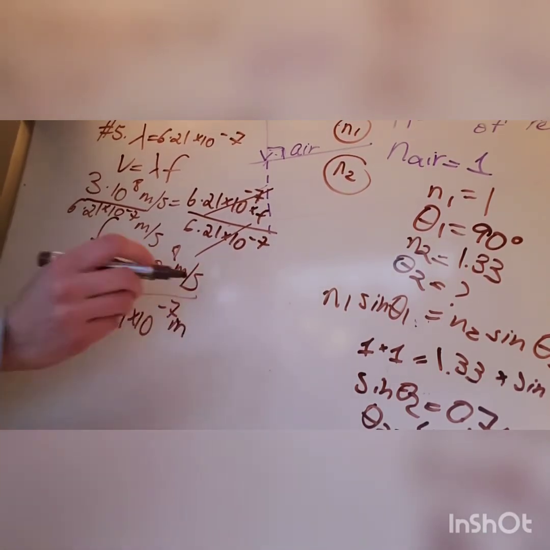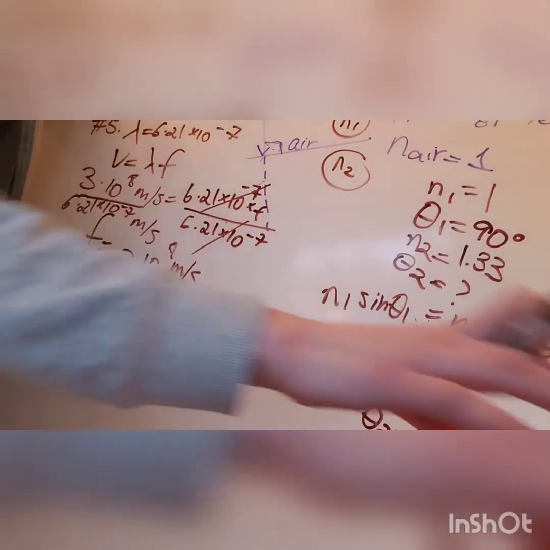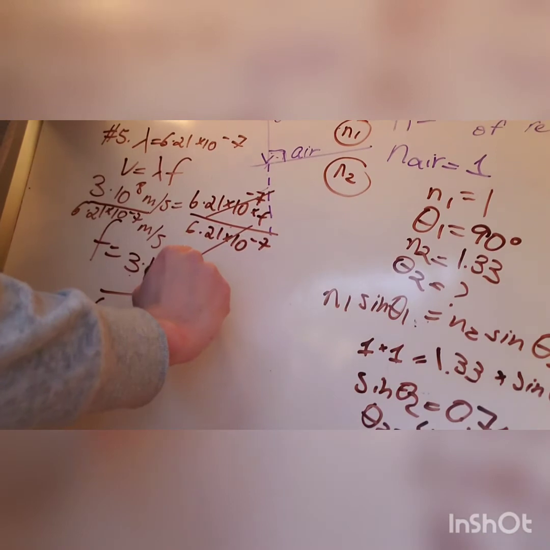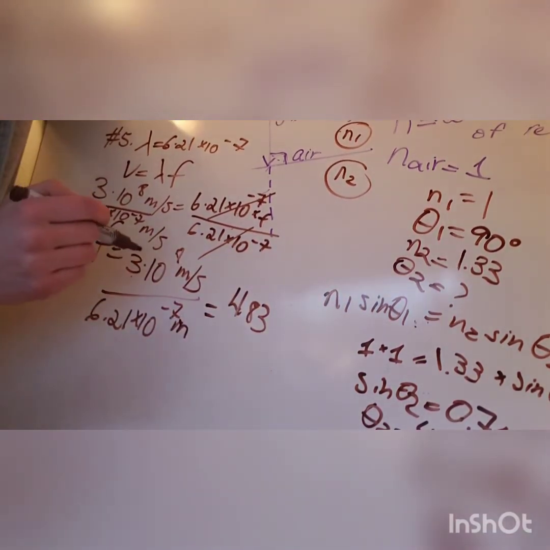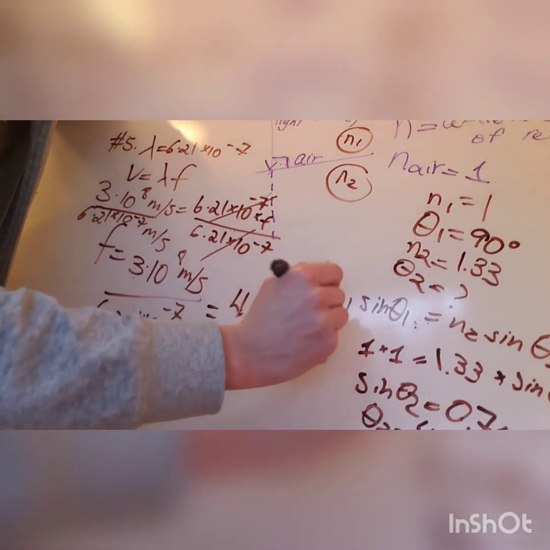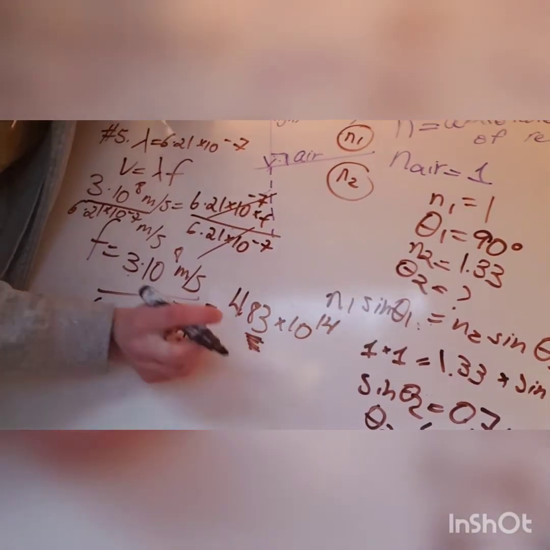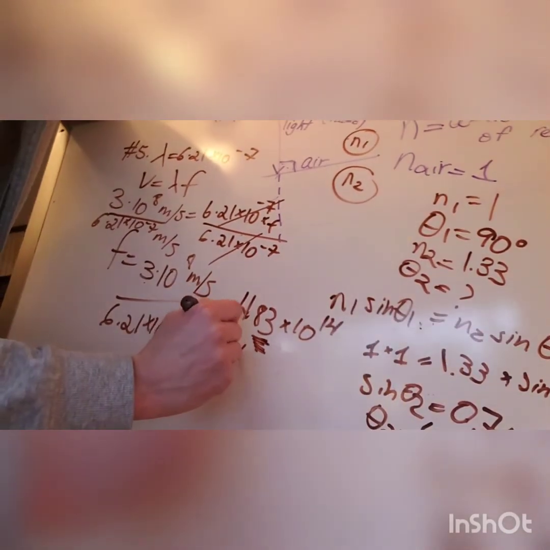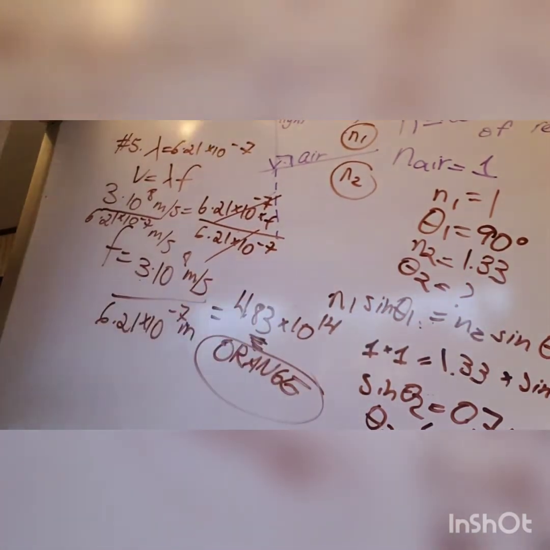Then you would do 3 divided by 6.21, and I got 4.83 times 10 to the 14th power. I think you got something a little bit different, but since I got 4.83, that puts me in the orange spectrum.